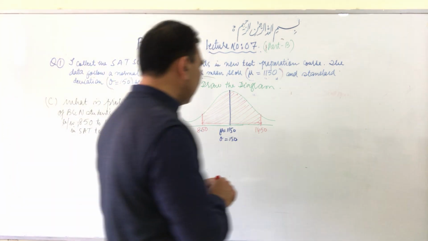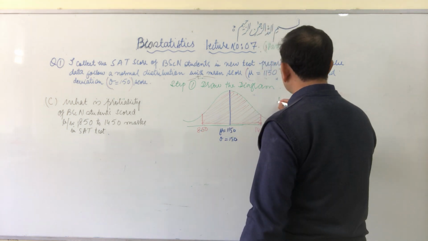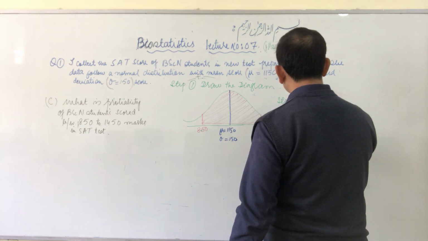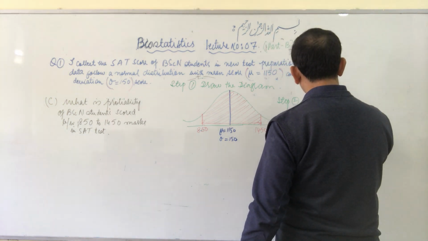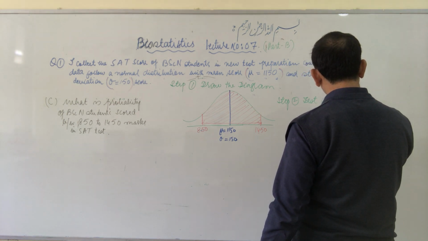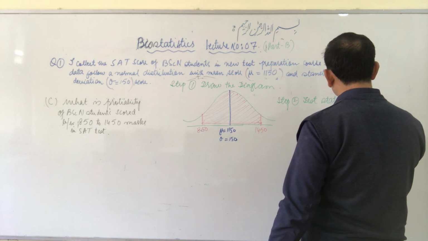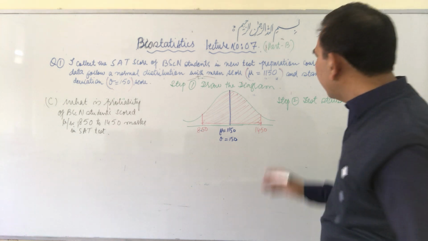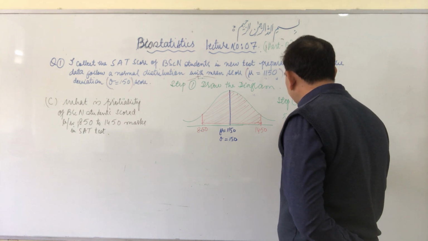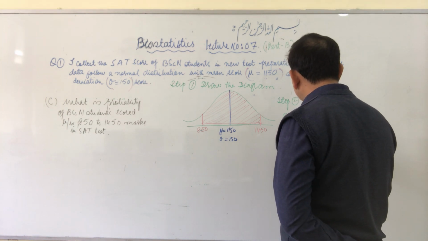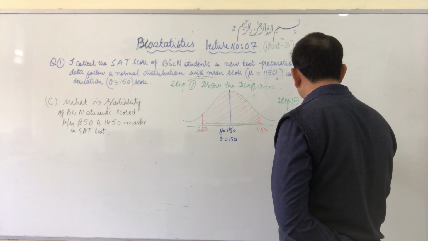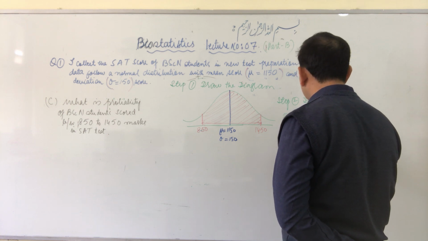Now in step number 2 we will go to test statistics. In the test statistics, what is the formula for that? Z equals x minus mu divided by sigma.